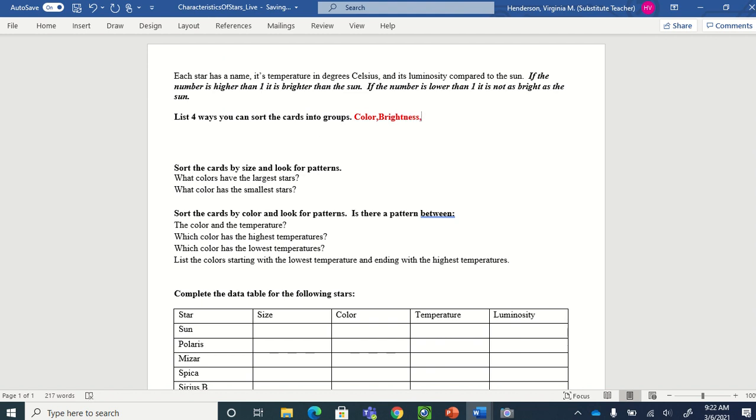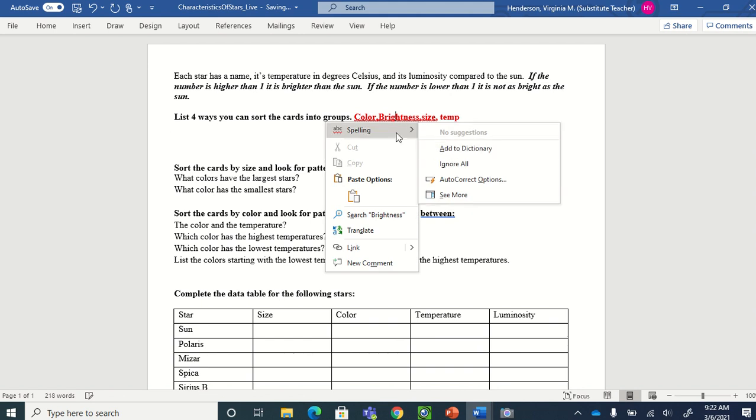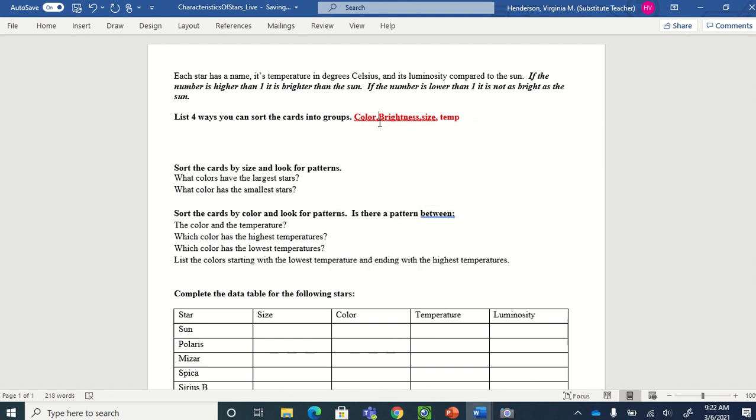What else can there be? How about size? What about temp? Yeah, temp, not capital T. Temp. So I'm going to figure out what's wrong with this thing, and we're going to just move on from here.